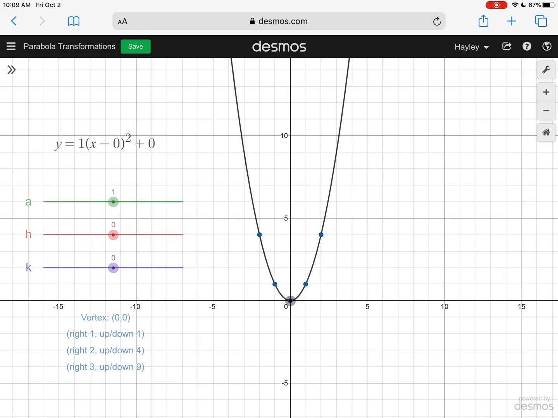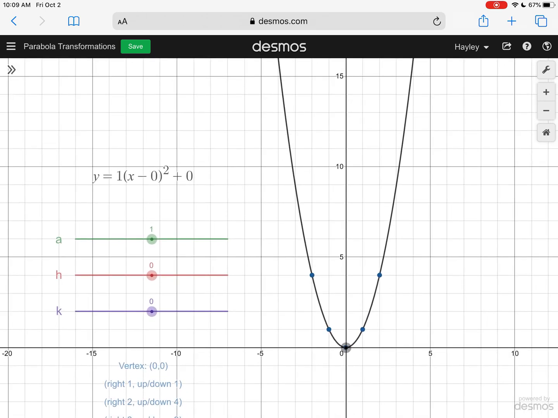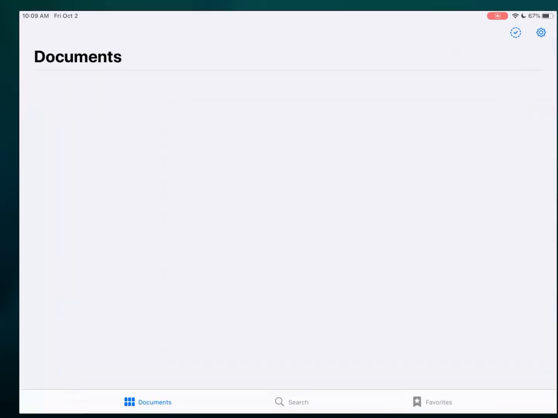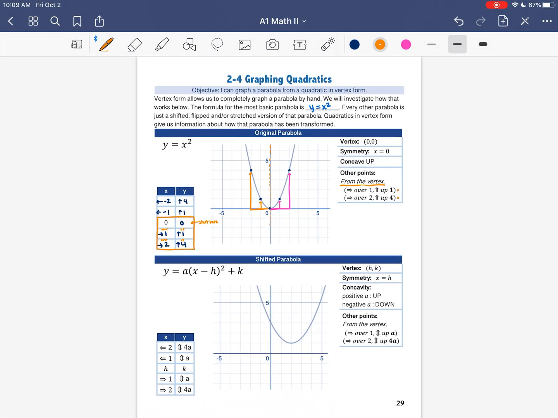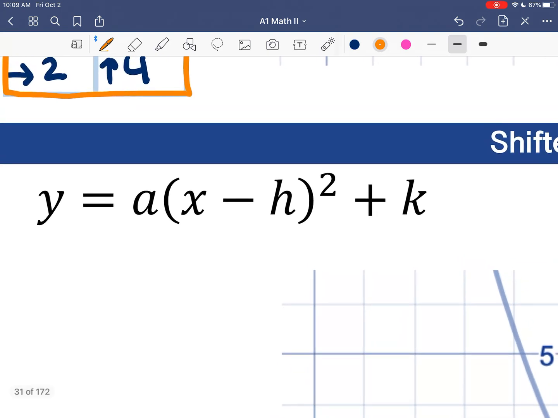And just as a quick reminder, this function that's displayed right there is in vertex form. And remember that this vertex form has h and k. Okay, there we go. So this is the form that we're working with.